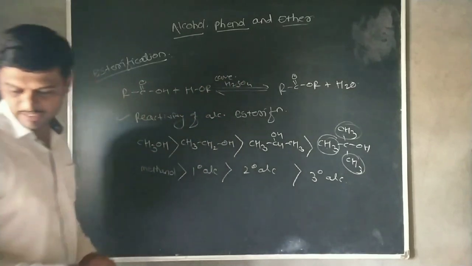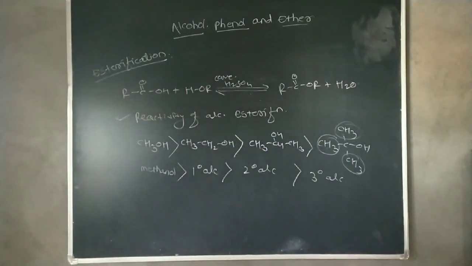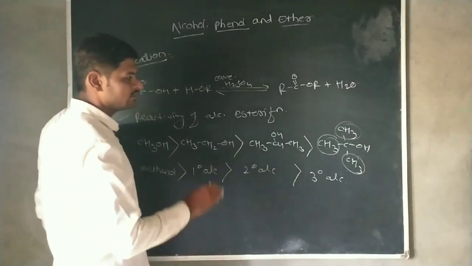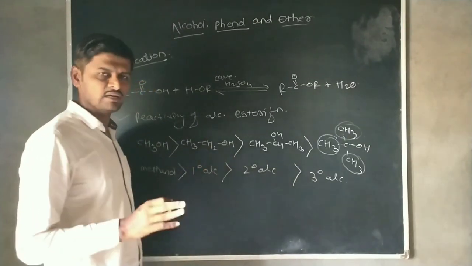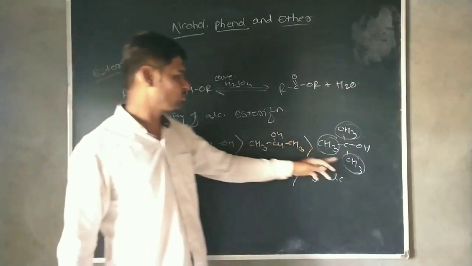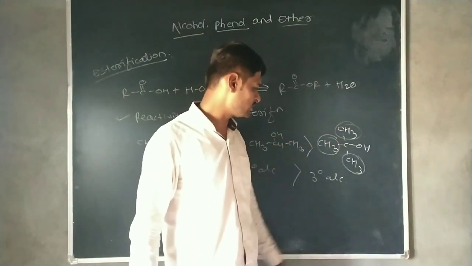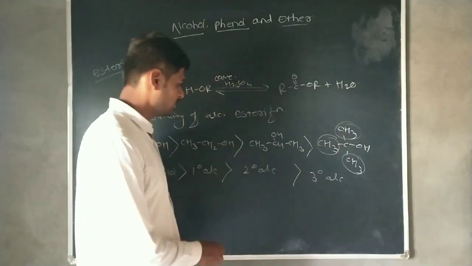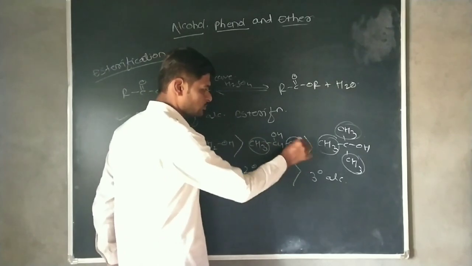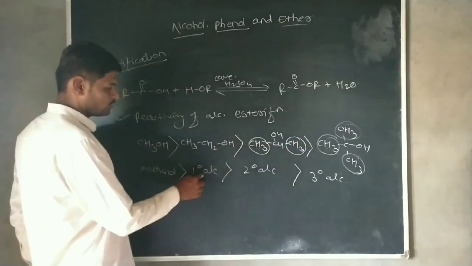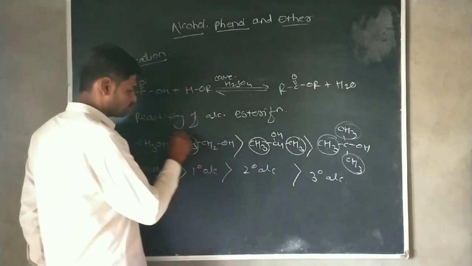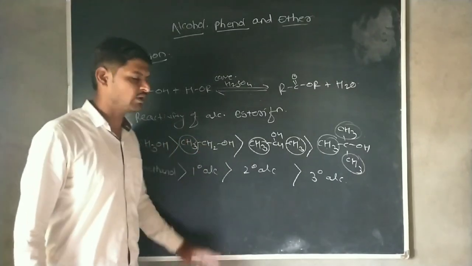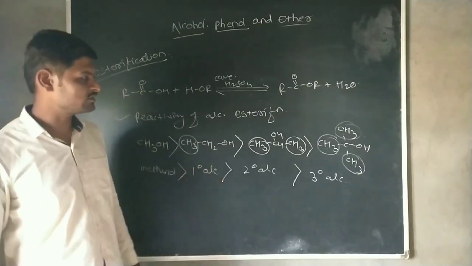Due to this steric hindrance, the rate of esterification reaction decreases. In case of tertiary alcohol, there are 3 alkyl groups. In case of secondary alcohol, there are 2 alkyl groups. In case of primary alcohol, there is 1 alkyl group, and methanol comes before primary.